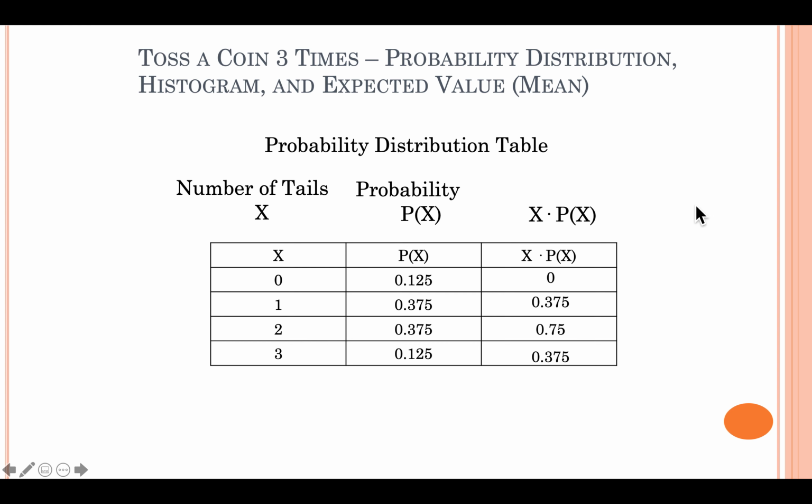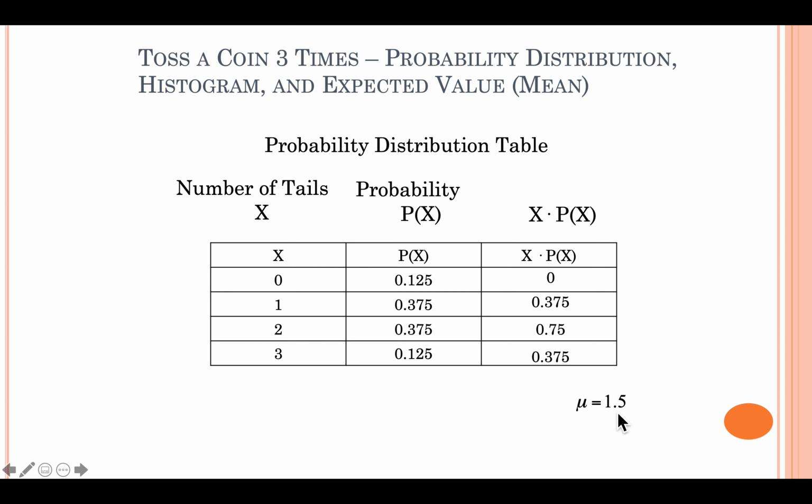Once you have that column complete, you're going to add up those four values, and that will give you the expected value. This is the long-term behavior, 1.5, and this represents 1.5 tails.